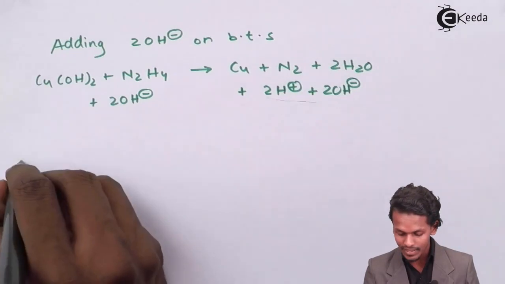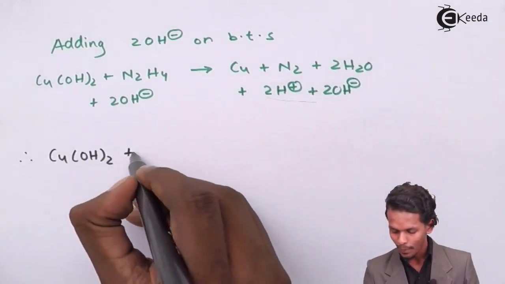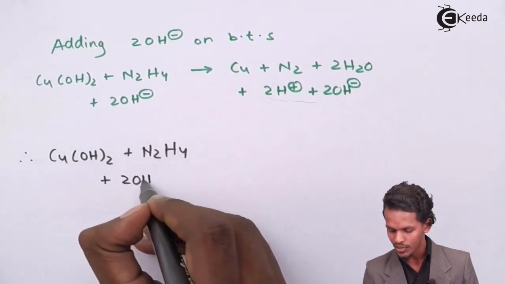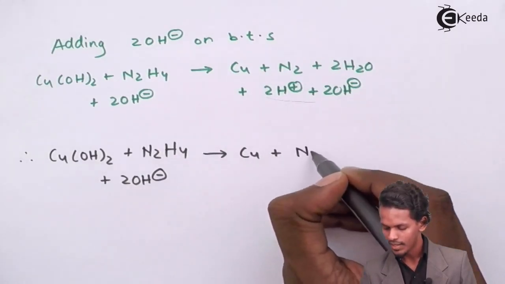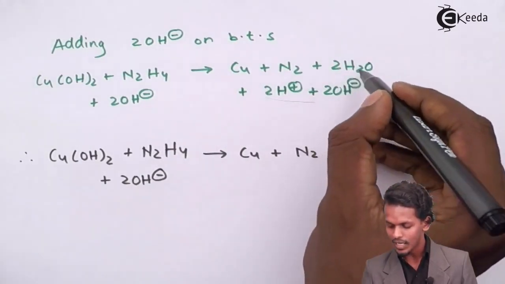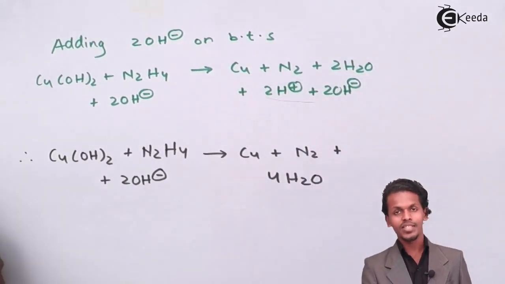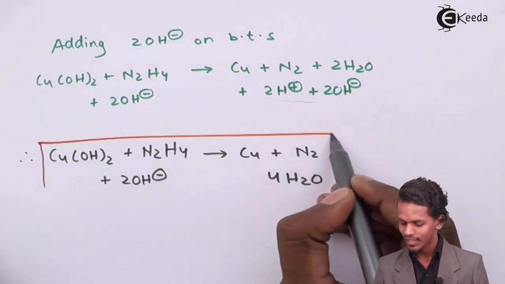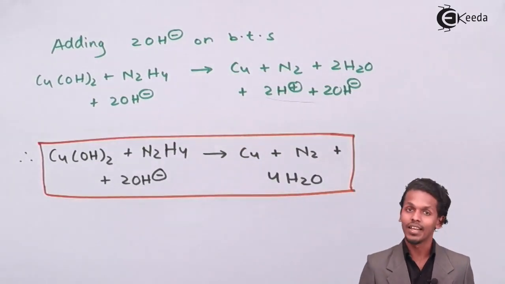So the ultimate answer is CuOH twice plus N2H4 plus twice OH minus, that has given us Cu plus N2 plus 4 times H2O. So this is the final equation that we have balanced by using oxidation number method in basic medium.